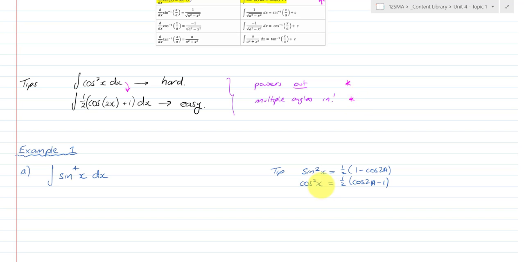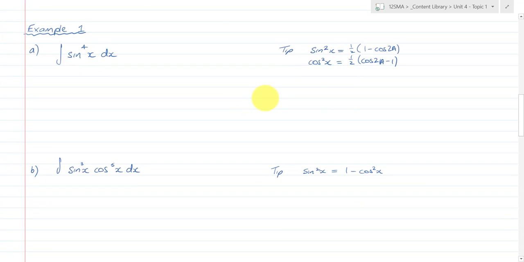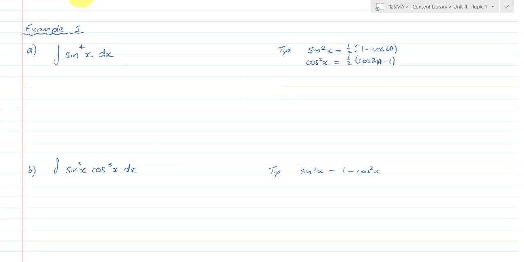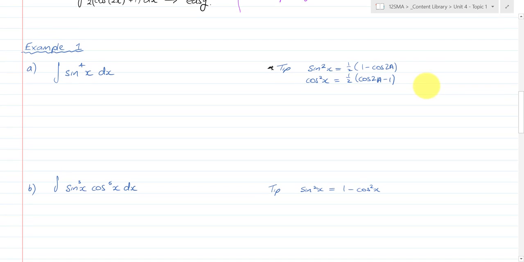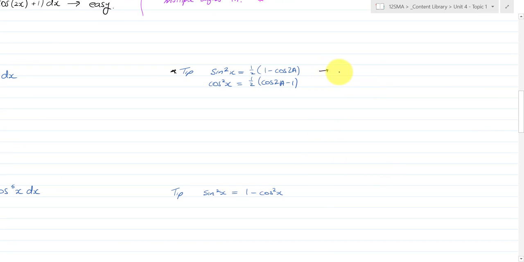So let's have a look at that in example 1, A and B, and I'm just hoping I've left myself enough space. I've got some tips here, and they'll be there for you to refer to as well. Tip 1: sine squared A equals a half, 1 minus cos 2A. Let's just recall that, and cos 2A is a really handy one here.